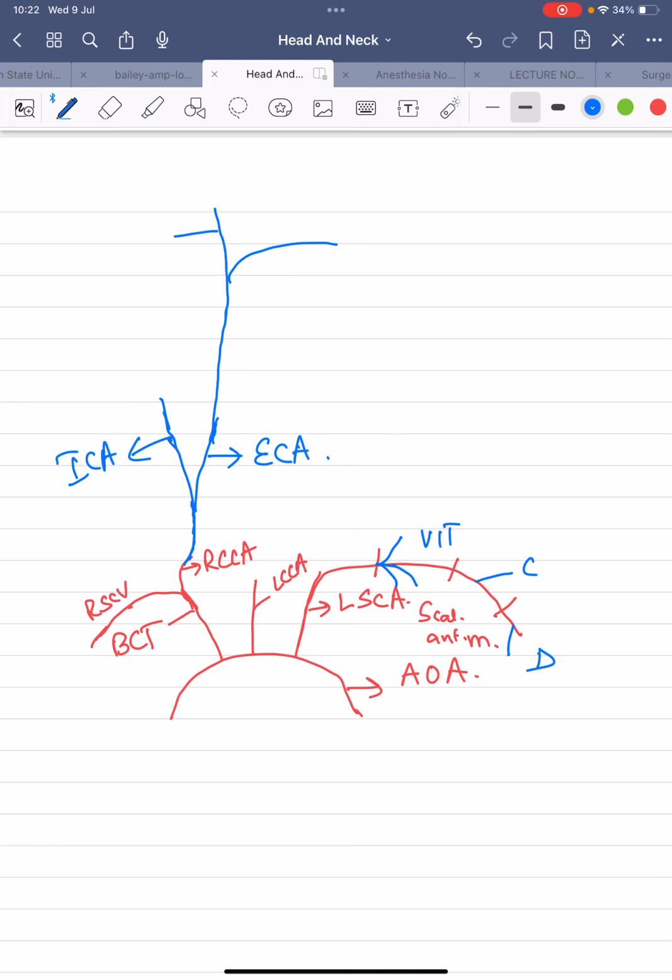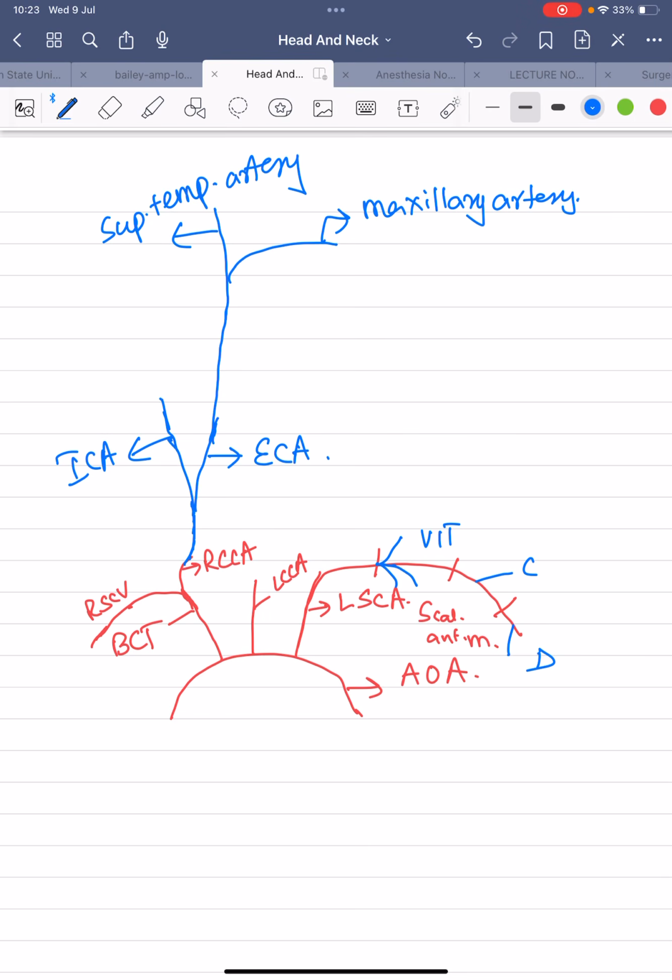Superficial temporal artery, number 1. And second is the maxillary artery. So the maxillary artery and superficial temporal artery are the two terminal branches of your external carotid artery.